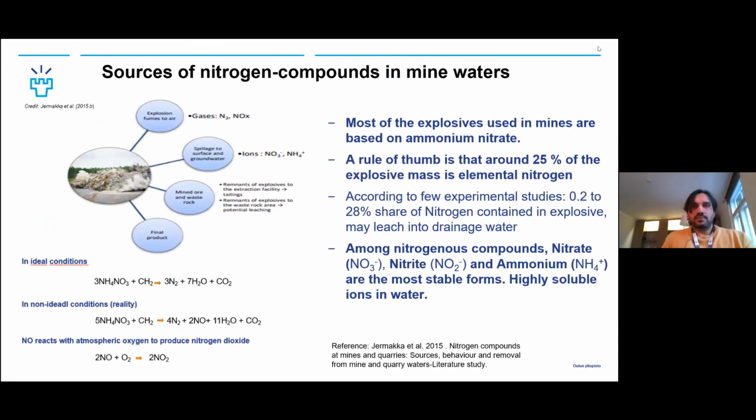In the chemistry of the explosives, NOx are released into the environment, which further oxidize and convert to nitrogen oxide compounds such as nitrates and nitrite. Also, most explosives contain ammonium and nitrate in their composition, so we can also have ammonia in the water.